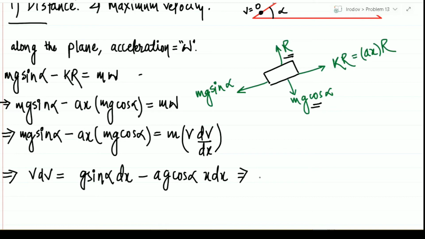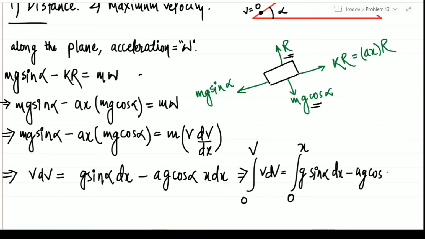This implies that we can integrate both the sides from a velocity 0 to say v, and v dv is equal to, from a distance 0 to a distance x, g sine of alpha dx minus a g cos of alpha x dx.